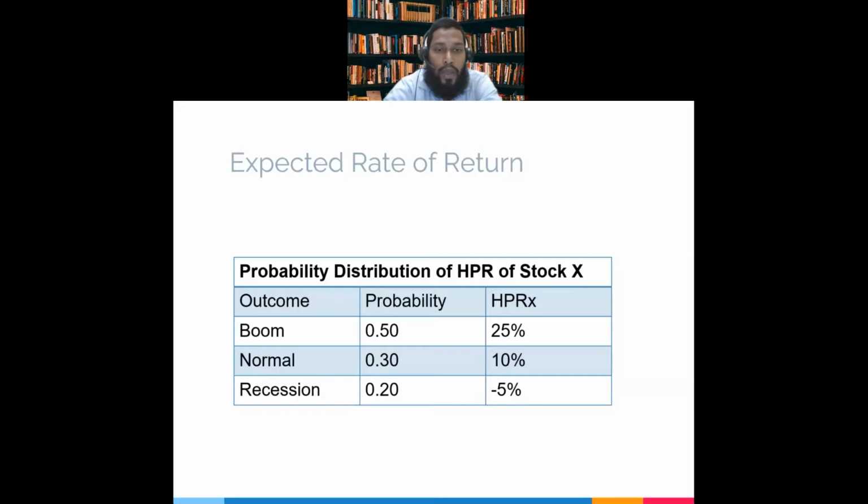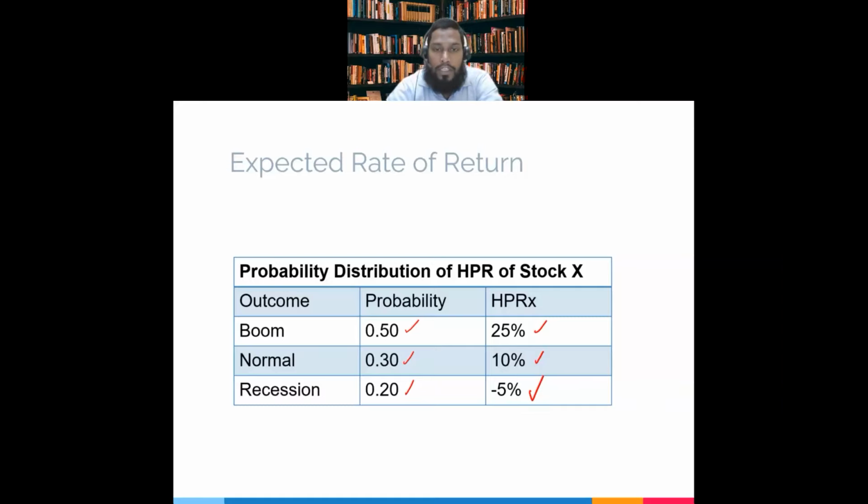The probability that the economy booms is 50%, the probability to be normal is 30%, and the probability to have a recession is 20%. And if there is a boom, there is a probability of getting a return of 25%, if it is normal, a return of 10%, and recession, 5%.